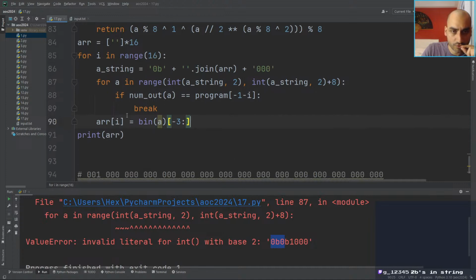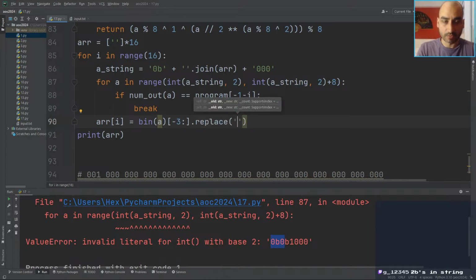We need to strip the B's off when we put... Oh, it's because to begin with, there might be... Whatever, just do this.